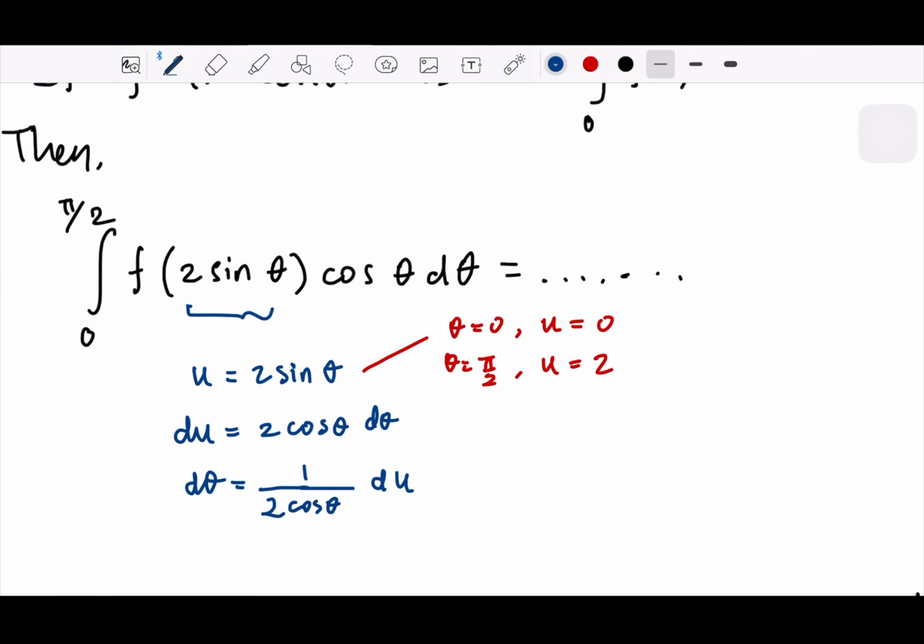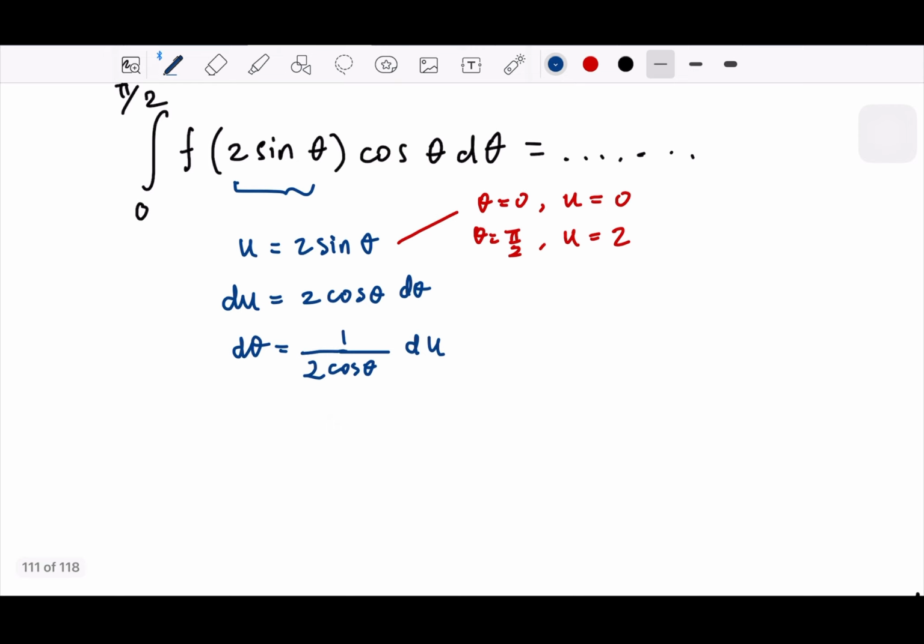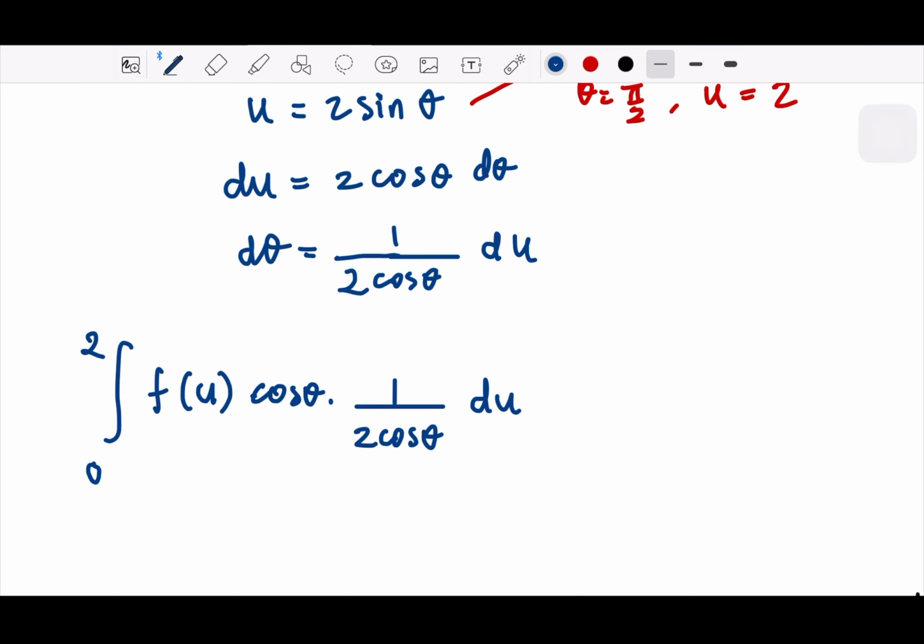So we can rewrite this, from 0 to 2, f of u, and let me write cosine theta and then multiply with this. So substitute the d theta with 1 over 2 cosine theta du. Cancel this out.